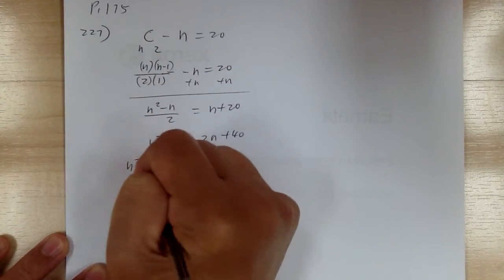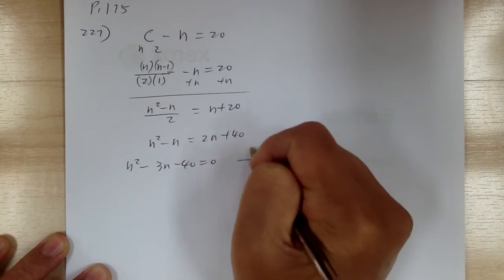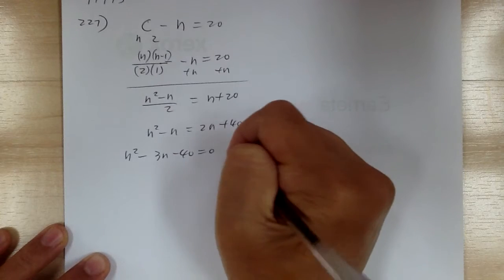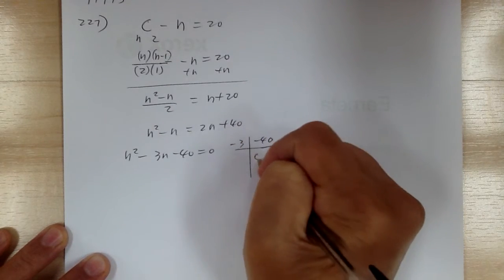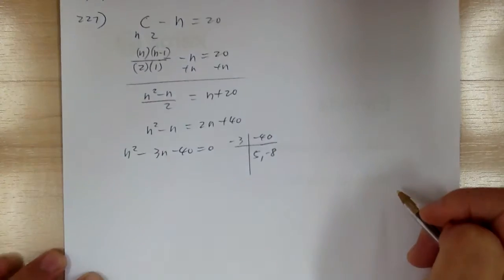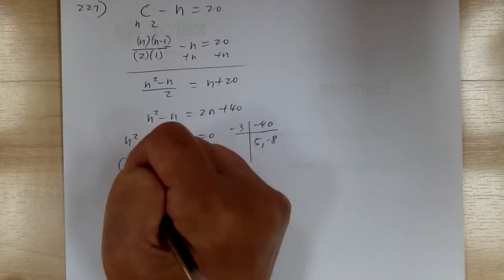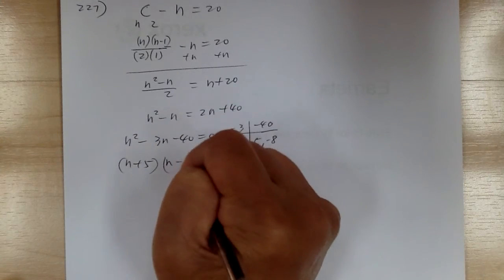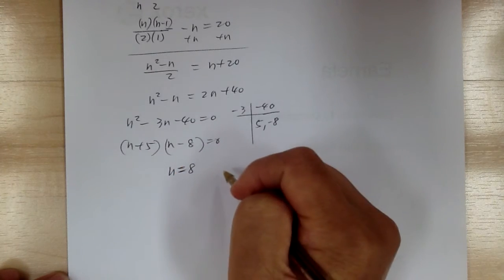So you've got n squared minus 3n minus 40 equal to 0. Do your product-sum. You need 5 and negative 8, so it'll be plus 5, minus 8. So n will equal 8. So this is going to be an octagon.